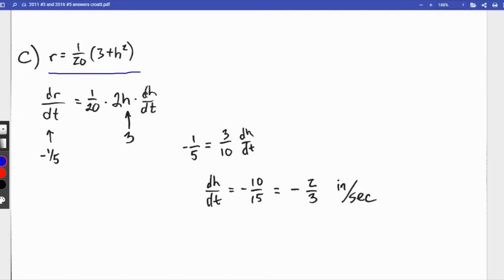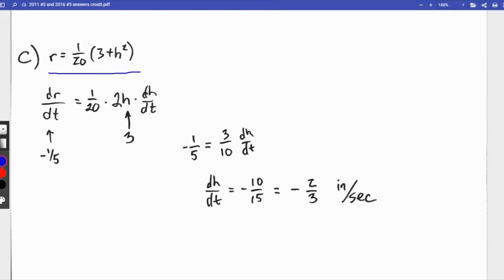I'm actually getting 2 points on this one for doing the chain rule, so just writing dh/dt, I think maybe earned me a whole 2 points. And then plug in what you know. The radius is decreasing, which means that dr/dt is negative, and then plug in at the time where h is equal to 3, and then just a little bit of algebra to solve this and get negative 2/3.